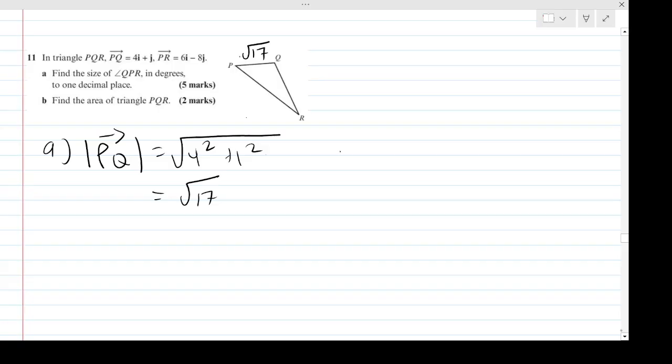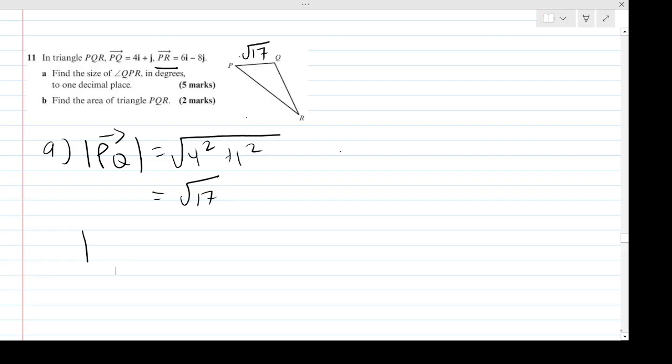So basically we can use vectors to also work with shapes to find lengths and areas and so forth by literally just finding the length of the vector or the length of the side. The length of the vector gives me the length of the side of the shape it's on. We can do the same thing for PR then.